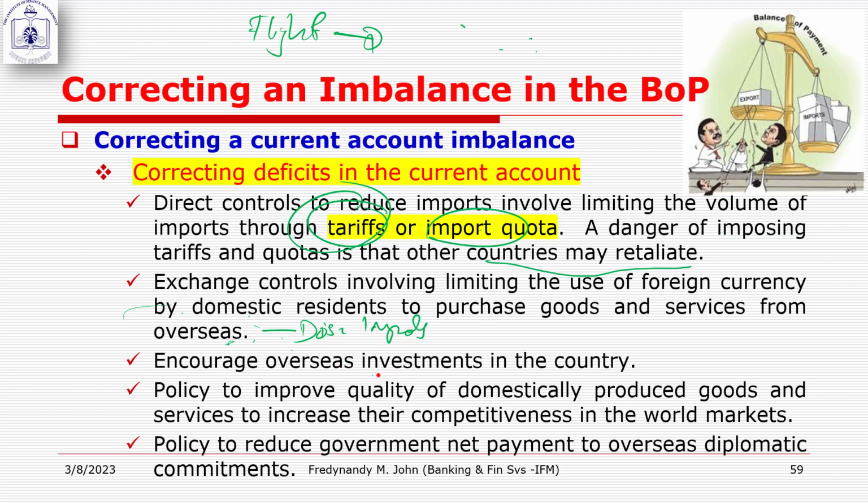Again, encourage overseas investment in the country. Create a conducive environment for foreign direct investment, for foreign investors to come and invest in your country. Once they come and invest in your country, production of goods and services will increase, and so will the volume of exports.